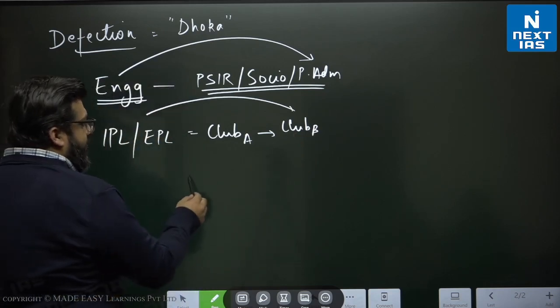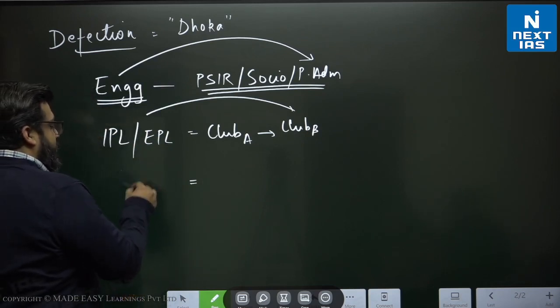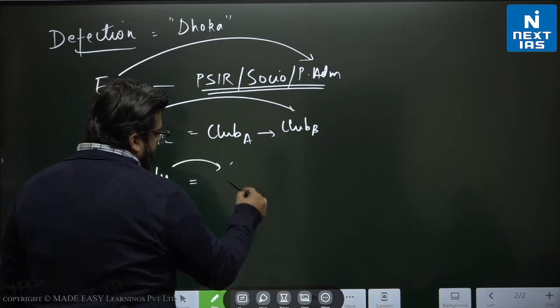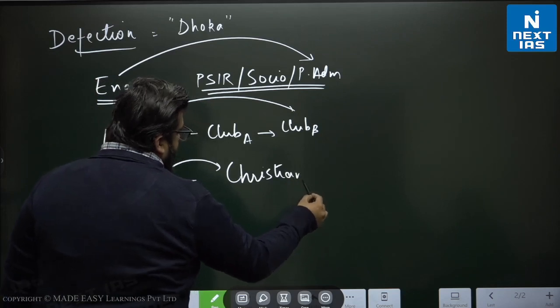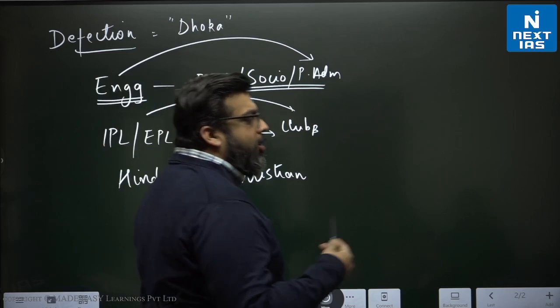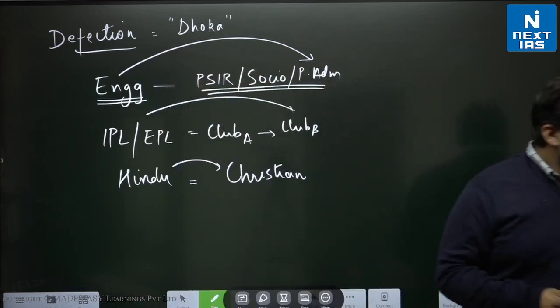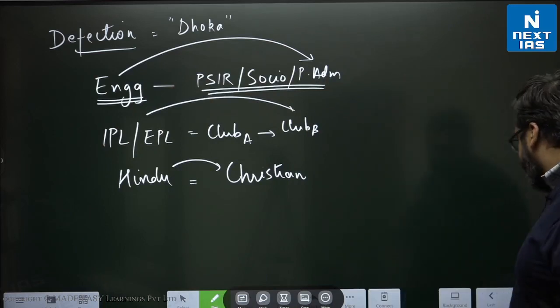Similarly, you would have also heard of something called religious defection. Suppose you were a Hindu and you've now become a Christian. So this is called religious defection. Defection in its simplest meaning is the change of loyalty.